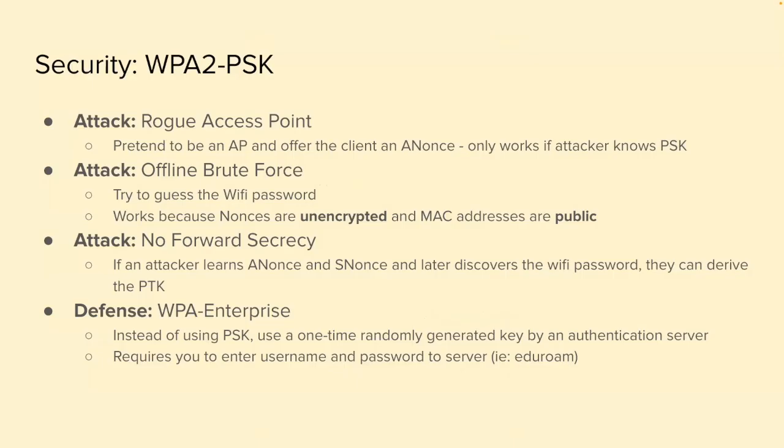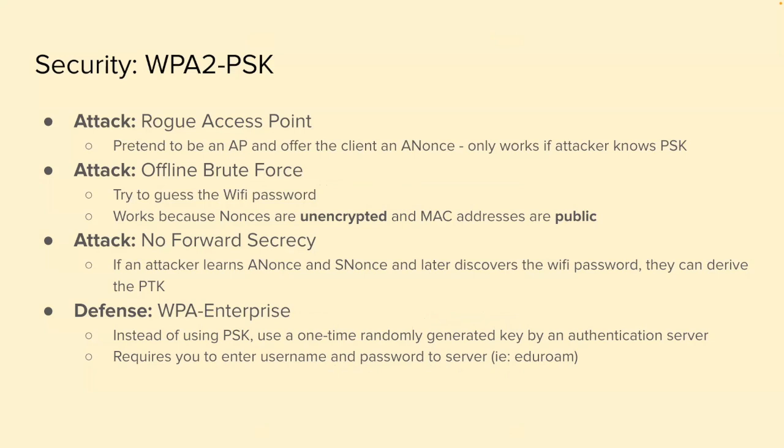So the security issues of this protocol: the first attack is a rogue access point. Anyone can pretend to be the access point and offer the client an ANonce, but this only works if the attacker actually knows the PSK.